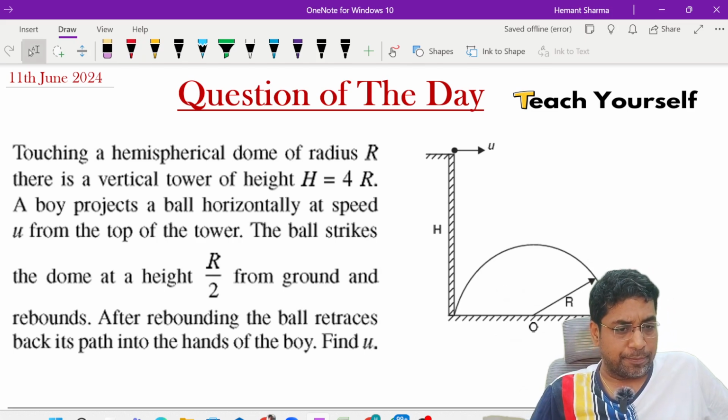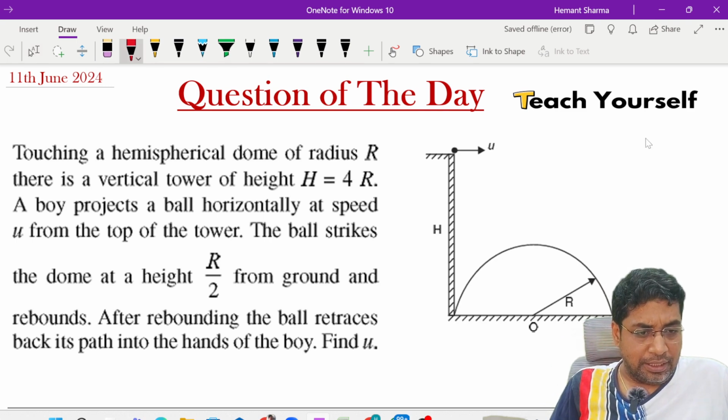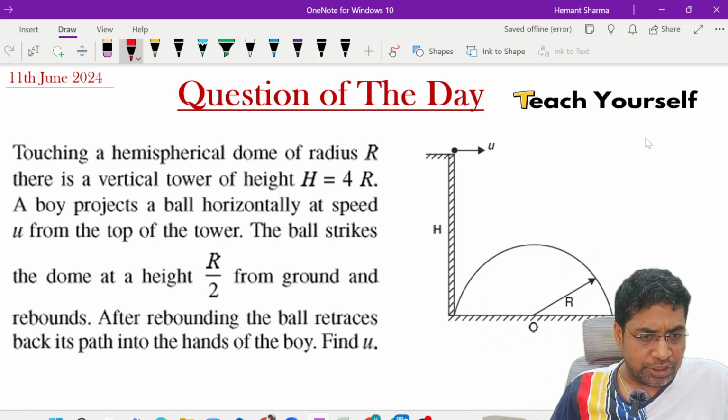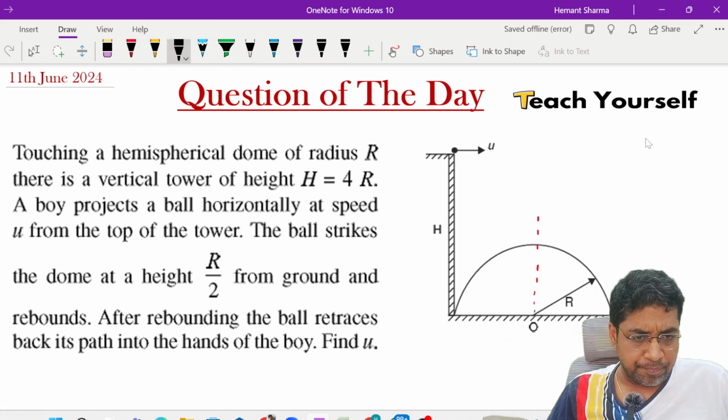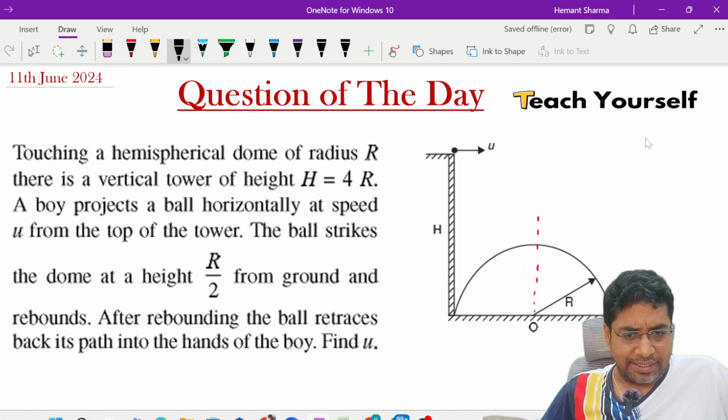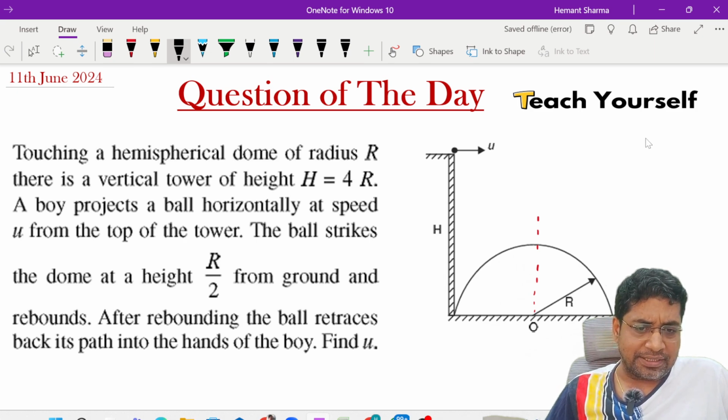It means at the point of collision, wherever this particle is colliding, and it is given that it is colliding at a distance r by 2 from the ground. So let's say here.